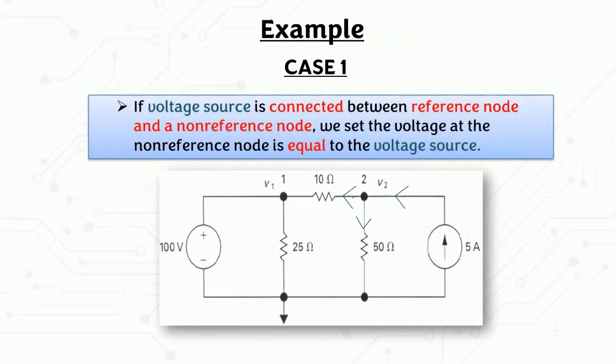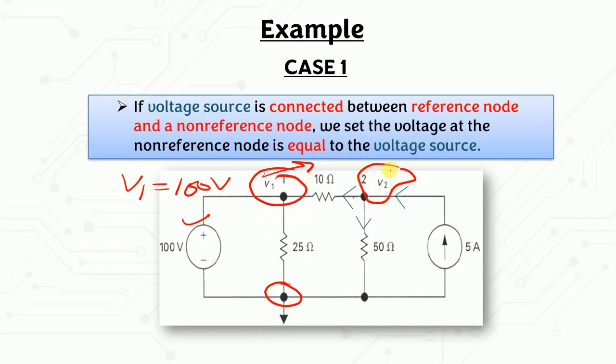I'm going to show you the example for the first case. Obviously here you have V1 connected to the reference node with this voltage source, so obviously your V1 is equal to 100 volts. This is the first case, and then you only need to calculate this V2.